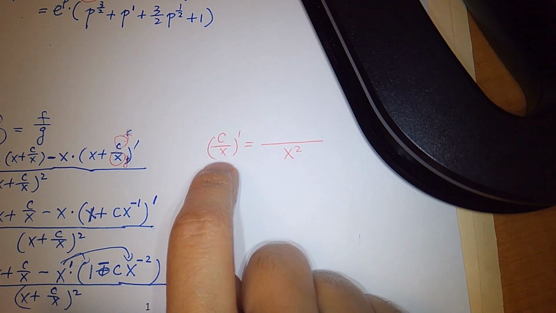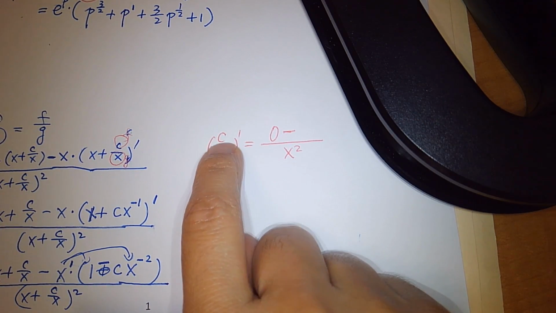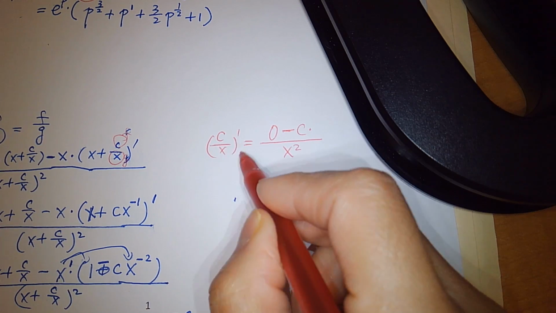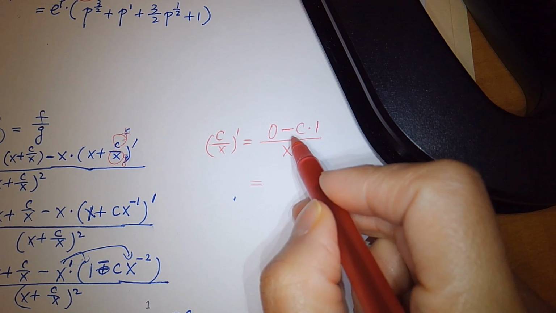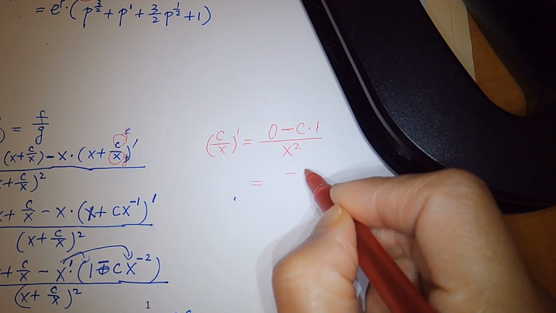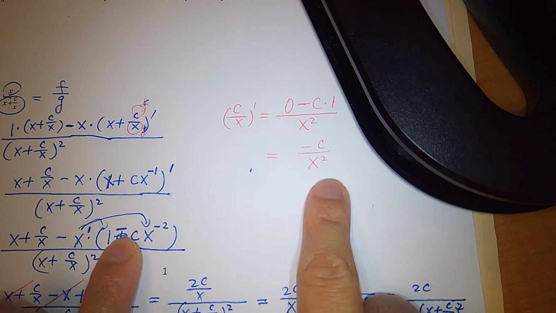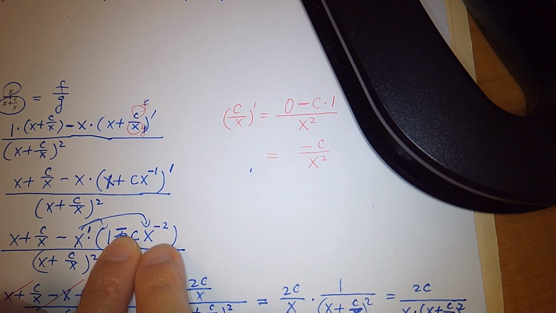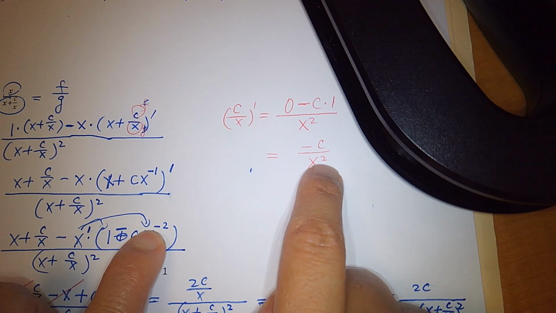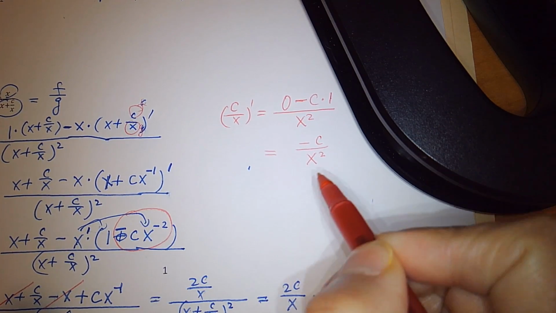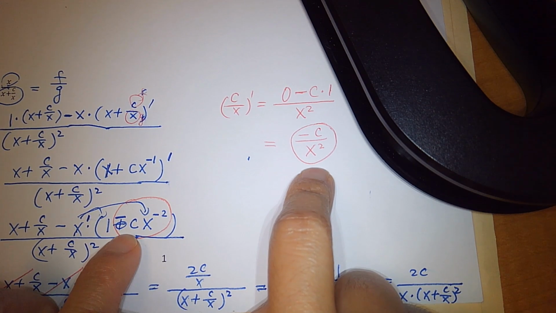Constant derivative is 0, times x, right? 0 minus. Keep the numerator c. What is the derivative of x? 1, right? So eventually, it should be 0 minus c, which is negative c over what? x squared, right? And let's look at if we're using the power rule, negative c times x to the what? Negative 2. Is this the same as this? They are. But where did the negative go?